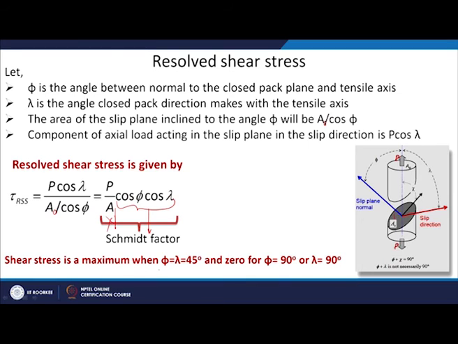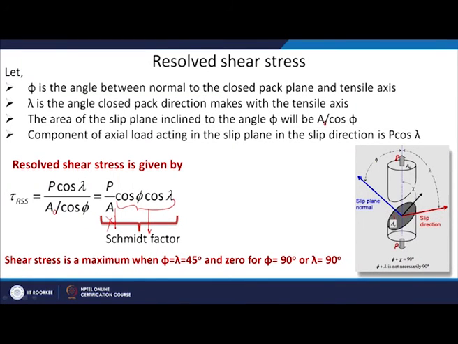Shear stress is the maximum when phi and lambda both make an angle of 45 degrees. If I take 45 degrees and 45 degrees here, this is going to give me the maximum shear stress, and it will be 0 if phi is equal to 90 degrees. So, phi 90 degrees means the plane is parallel to the tensile axis. So, you cannot have shear in this direction, because in this direction your maximum principal stress is acting.